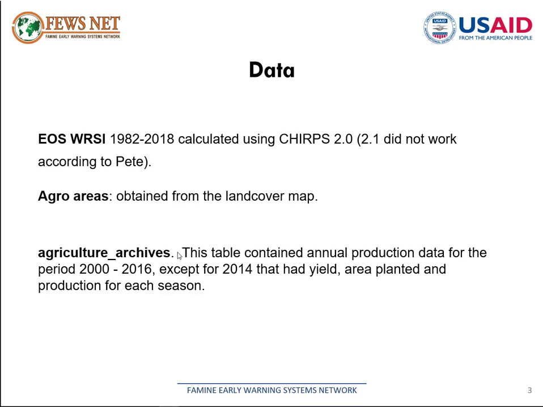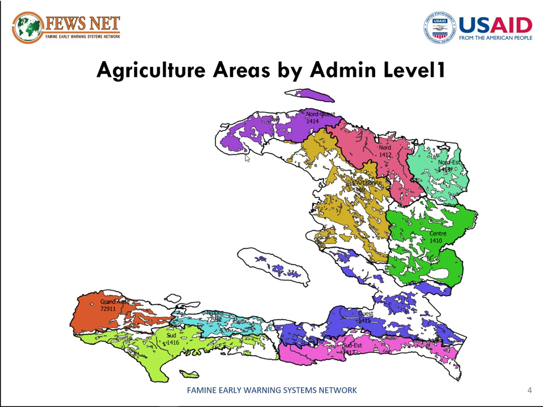with production and in some cases yield. For the 2014 year, we have seasonal yield and planted area. So these are the growing areas, the agricultural areas by department, by level 1.